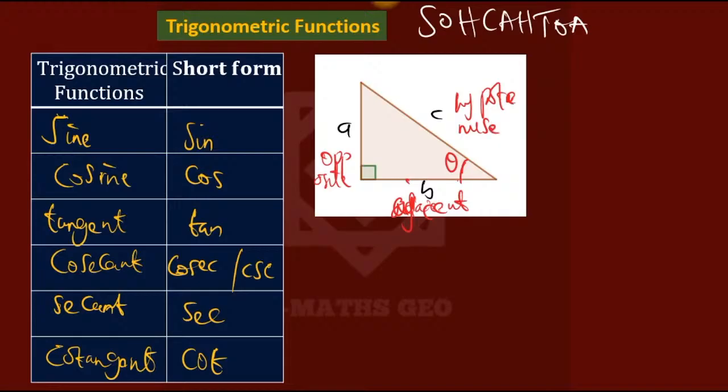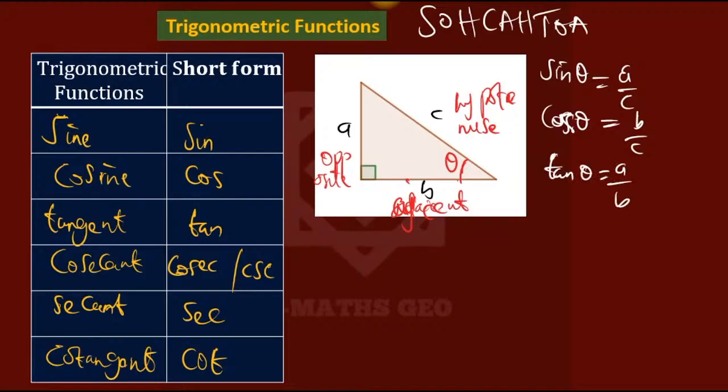So now, the sine of the angle theta is always opposite over hypotenuse, which is A over C. Cosine theta is always B over C. While tan theta is always A over B. But A over B could be written as A over C divided by B over C. What's the implication?